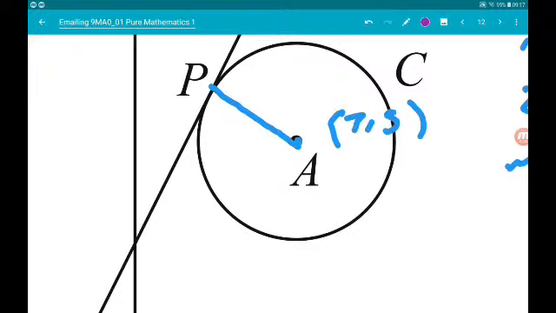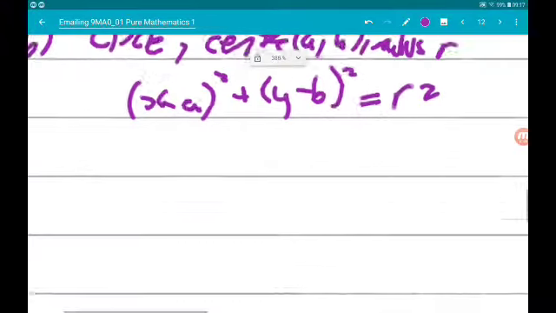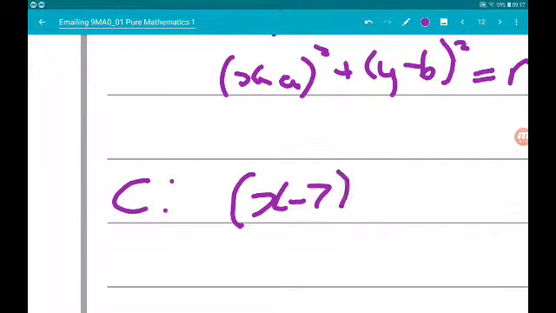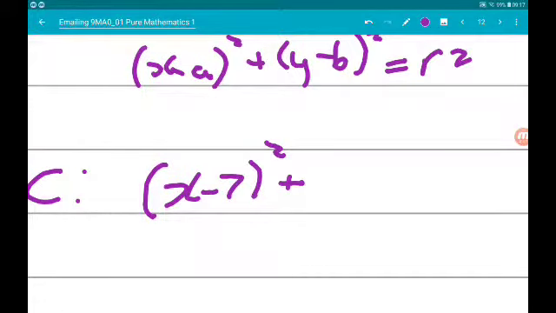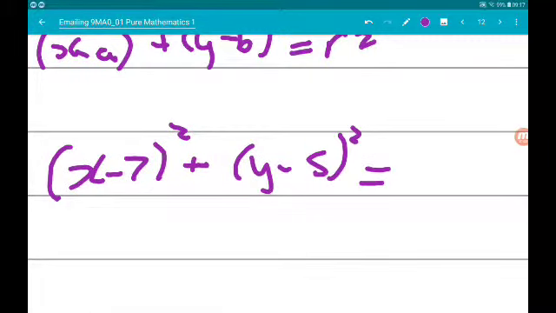So C at the moment is x minus 7 squared and y minus 5 squared is equal to r squared.